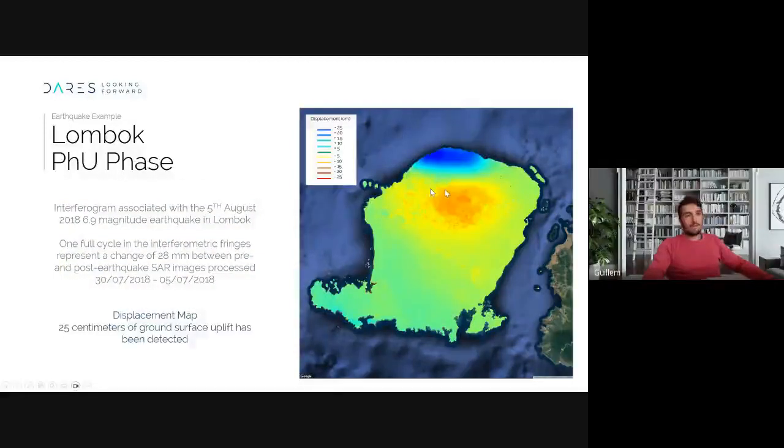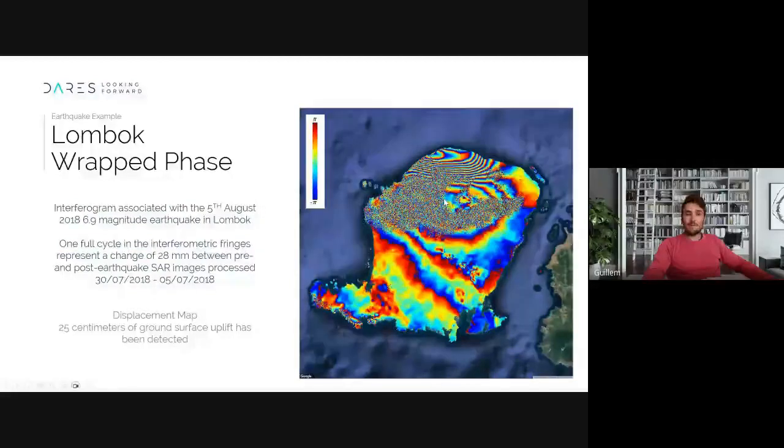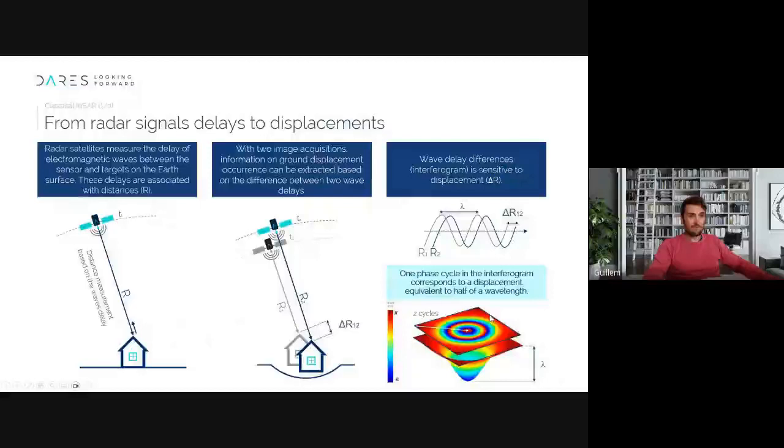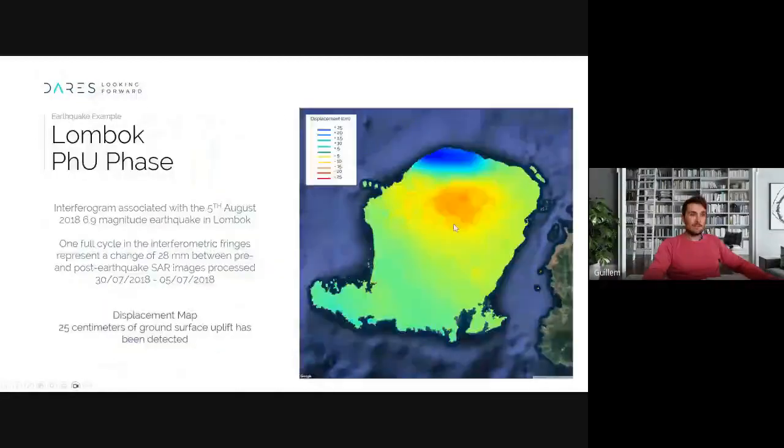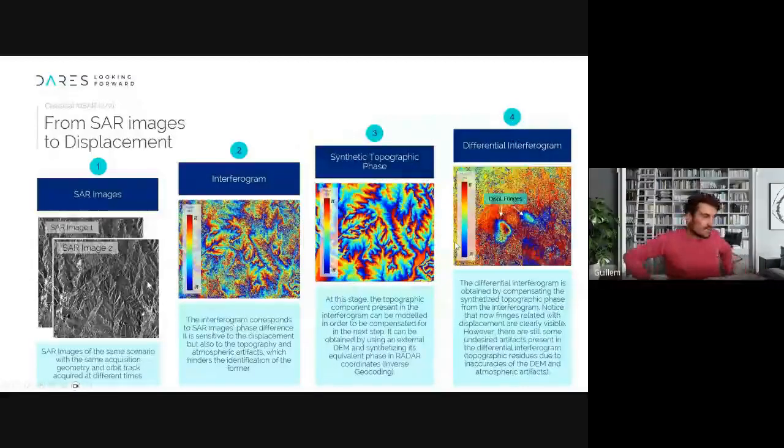And here, sorry, this is what we call the wrapped phase. Just after it's here, this is the wrapped phase, and if we unwrap the phase, we can get the real displacement. This one. So just what we have been saying so far, we have two images, the phase of two SAR images. We compare the phase, we get the interferogram.